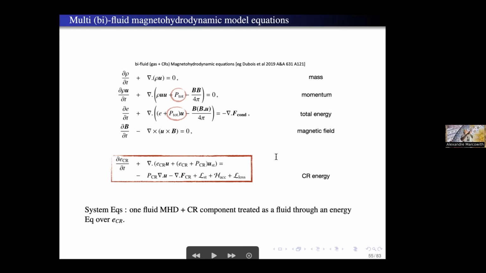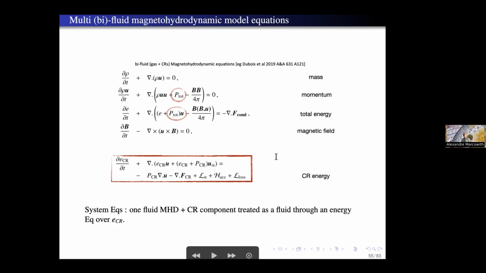And you can add some work on the energy. But in order to describe how the cosmic ray energy density evolves, you have to have an equation for the evolution of the cosmic ray energy density. This is not so easy to construct. Usually it is constructed from the Vlasov or Boltzmann kinetic equation, and you take some moments, and you can construct, as for the fluid, an equation for cosmic rays, for the gas density, or you can go to two moments and also have an equation for the flux of cosmic rays.